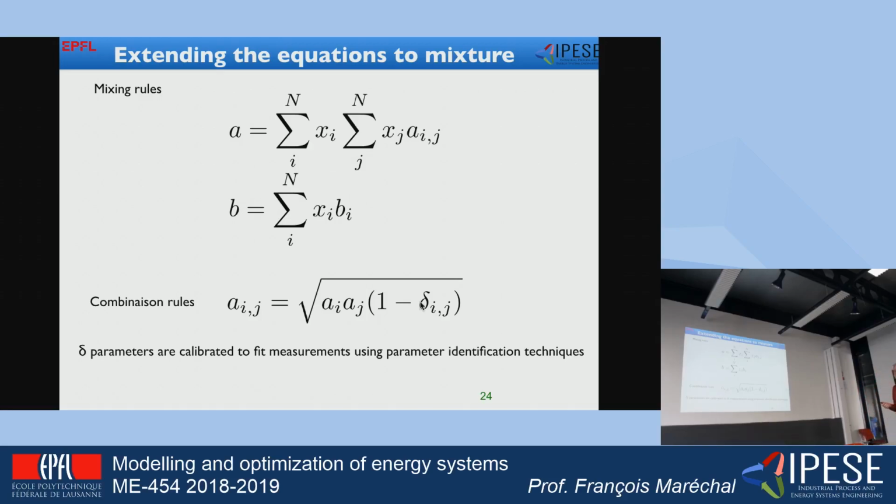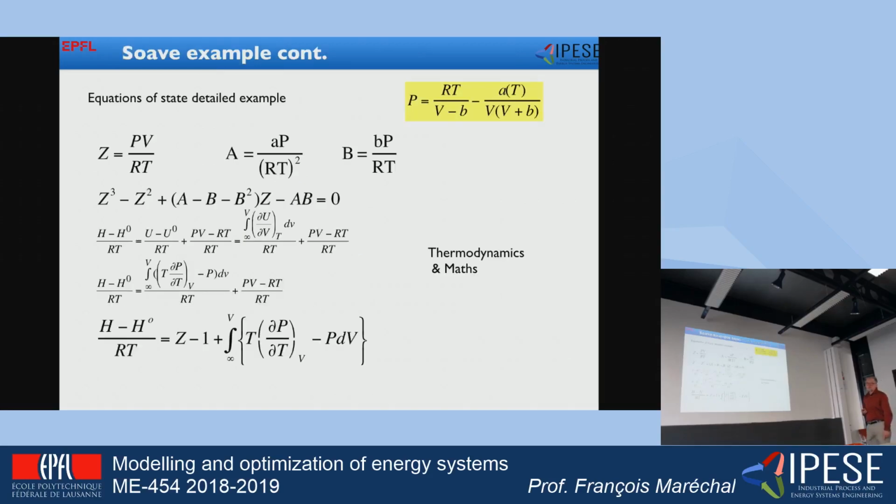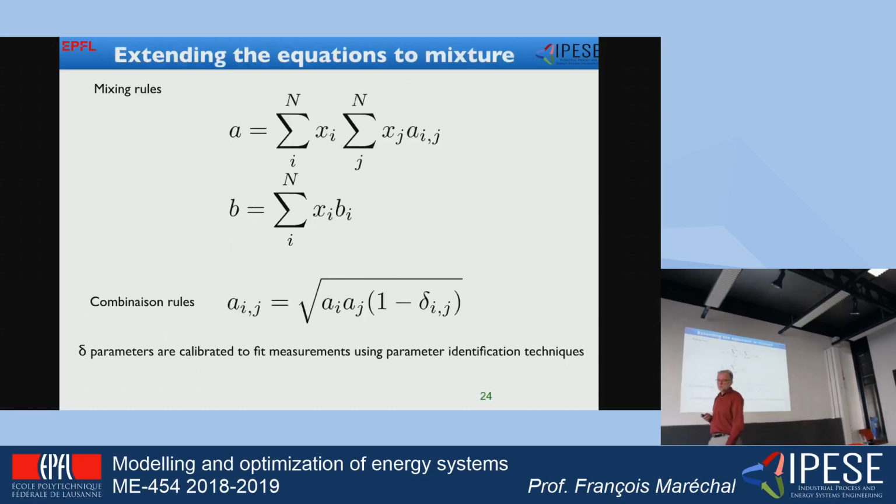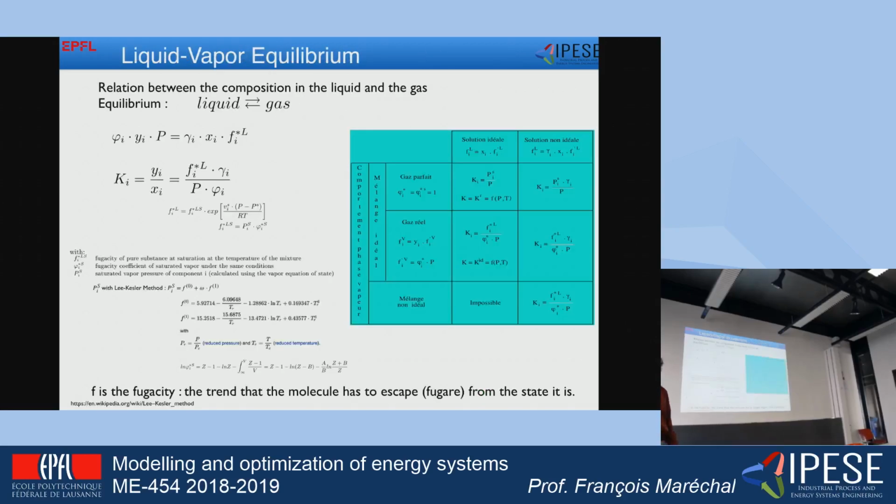But something very important here is that knowing this value, I will be able to calculate A and B, and knowing this, I will be able to calculate all the properties that are here. Among those properties, one that is very important is to know what will be the composition, what will be the state, if I am in the gas or in the liquid state.